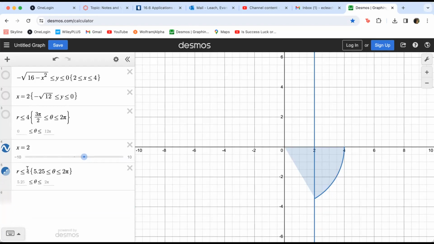So the problem is that we need r, it's not a constant 4. R has to start off at something before 0, and it has to be variable. Note that up here, when theta is equal to 2 pi, I need r to equal 2. And then when theta is equal to whatever this is, 5.25, I need r to equal 4. So I need my radius to be variable. Any questions? What we need is a description of that vertical line.